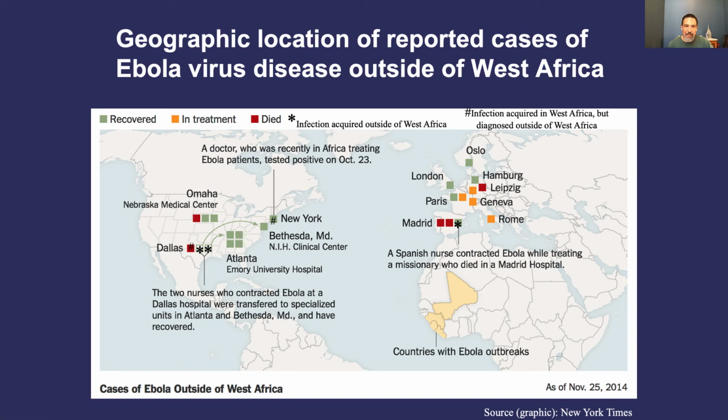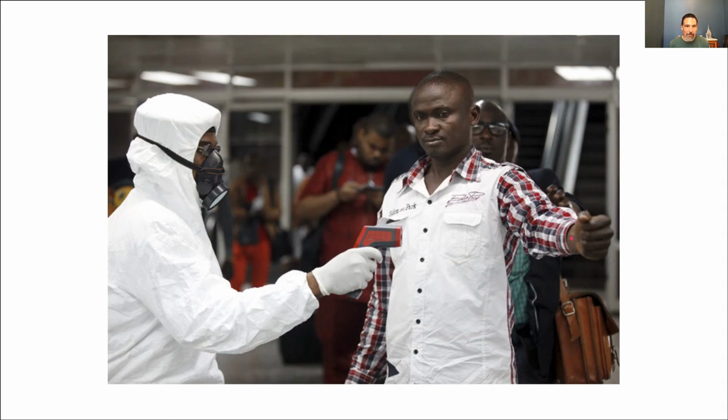But it really did not spread rapidly or in an uncontrolled way, the way it did in the West African region. Here's an example of some of the temperature screening that can exist at airports to, again, help to reduce the amount of imported cases or travel-associated cases.